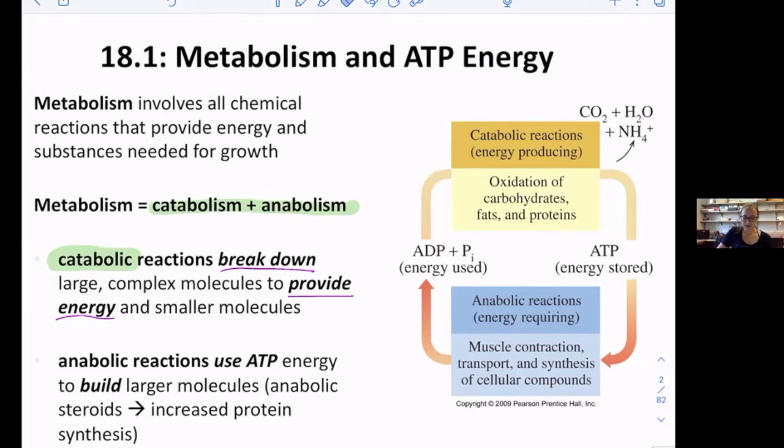On the opposite end of the spectrum, you have anabolic reactions, which are the opposite. They take that energy, or what's called ATP, and use it to build molecules. So anything that requires energy, and specifically building molecules, is called an anabolic process.